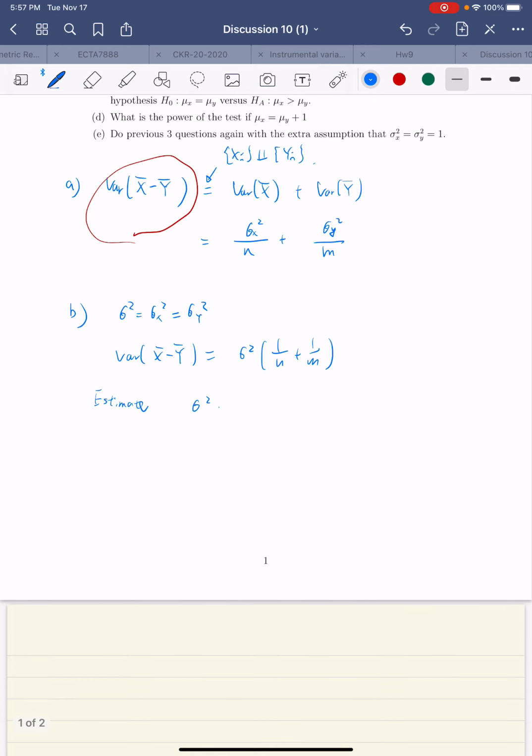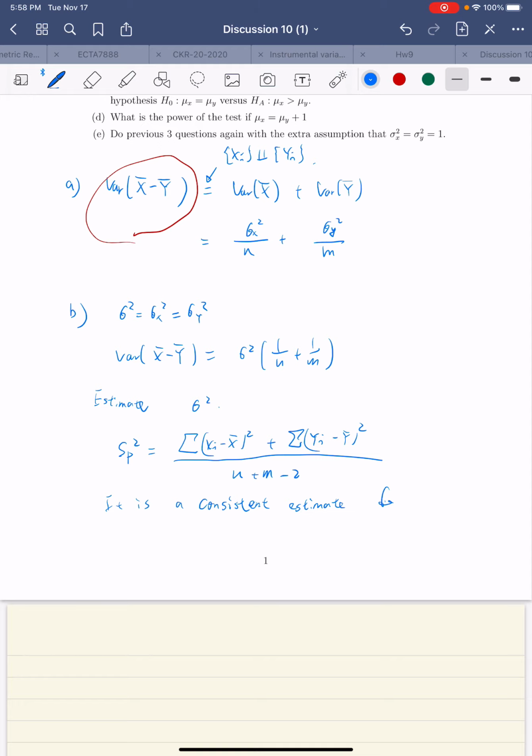The way to estimate sigma square is we can use the pooled standard deviation. The definition is: summation of Si minus S bar square plus summation of Yi minus Y bar square, divided by N plus M minus 2. Okay. So you can prove that this is a consistent estimate for sigma square.